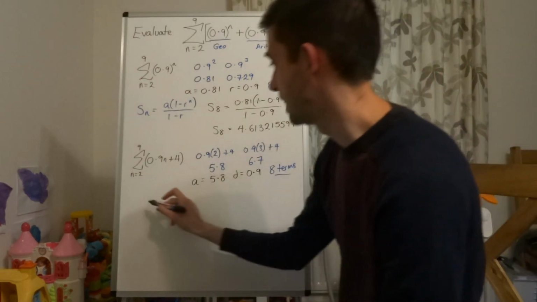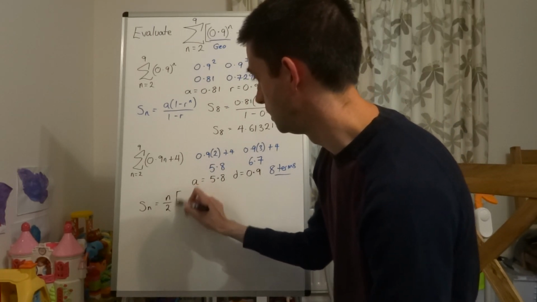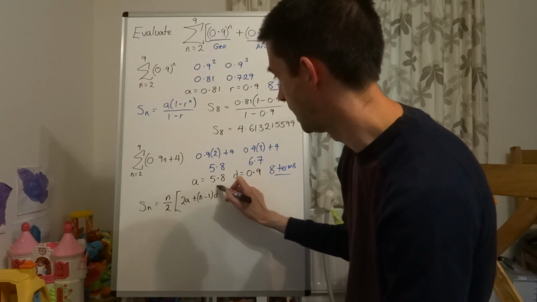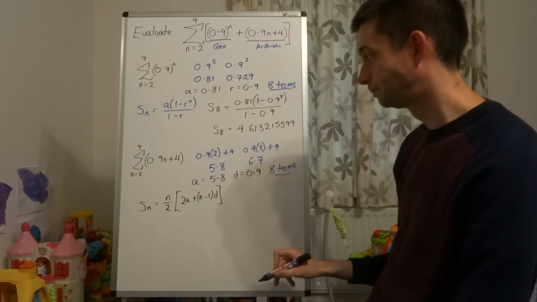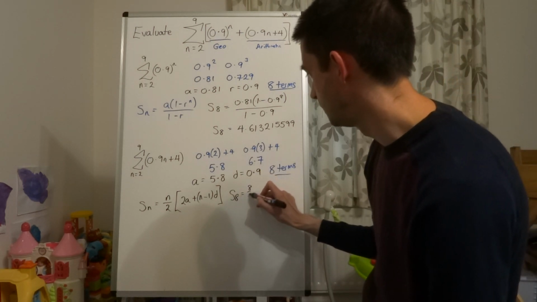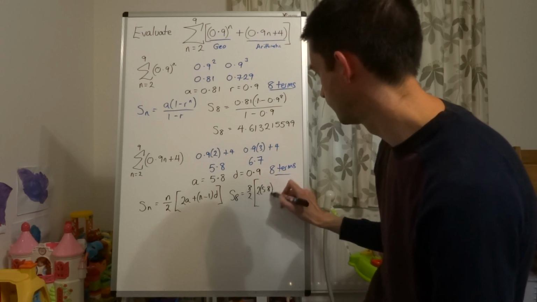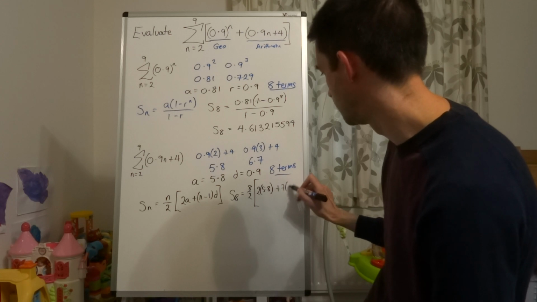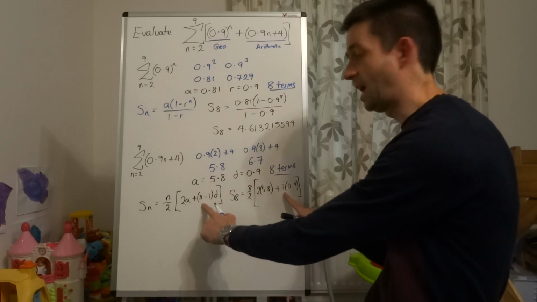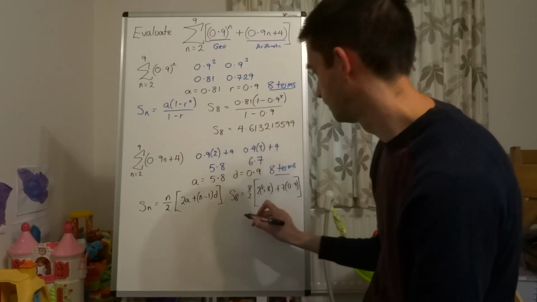Now again, because this is an arithmetic sequence, I'm going to be using the sum to n is n over 2 times 2a plus n minus 1 d, which is the rule for an arithmetic sequence. So the sum to 8 would be 8 over 2 times 2 lots of 5.8 plus 7 lots of 0.9, and that 7 has come from n minus 1, 8 terms, therefore that number's 7.